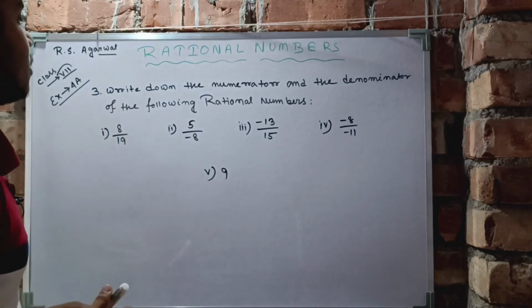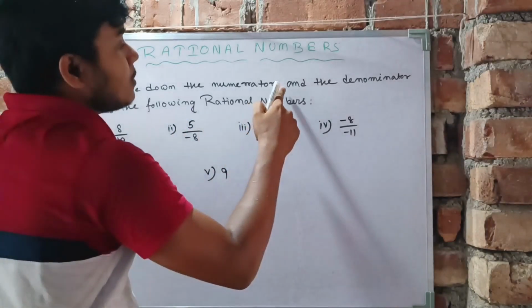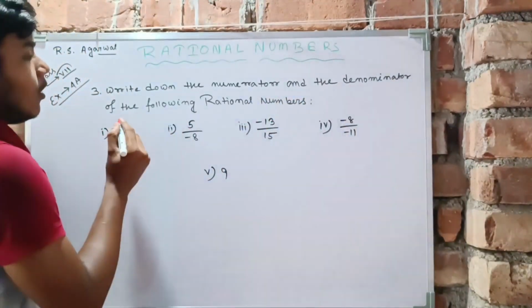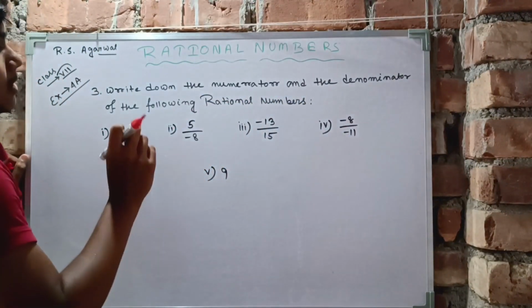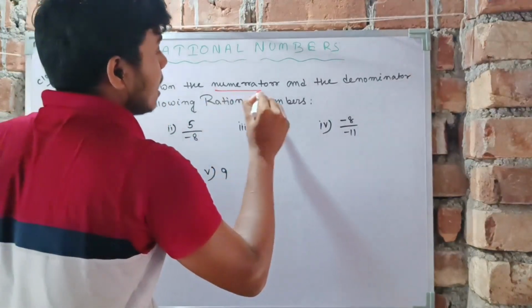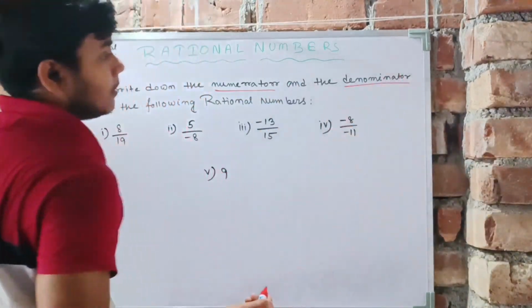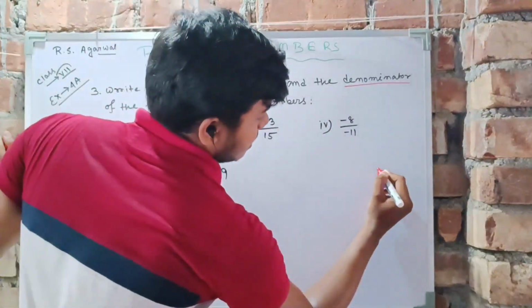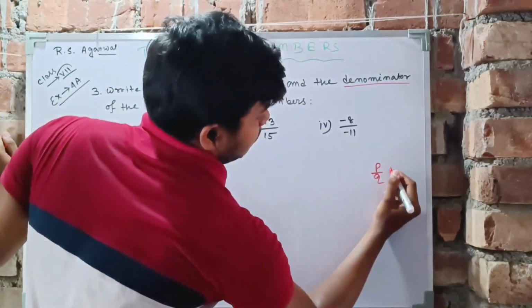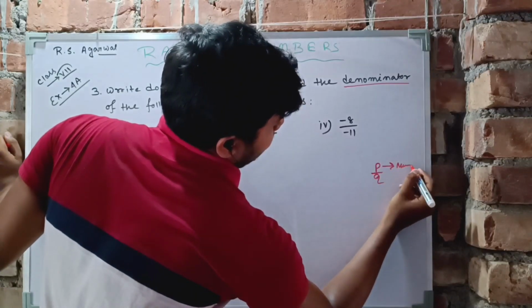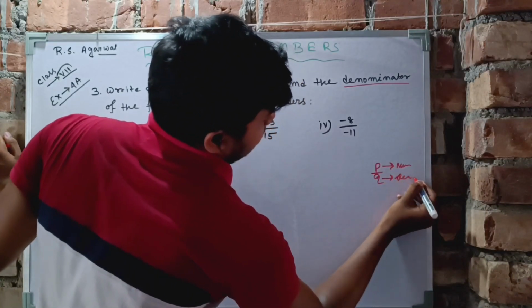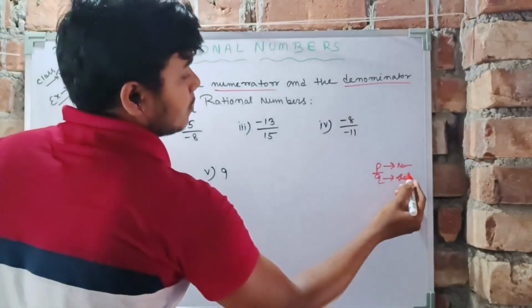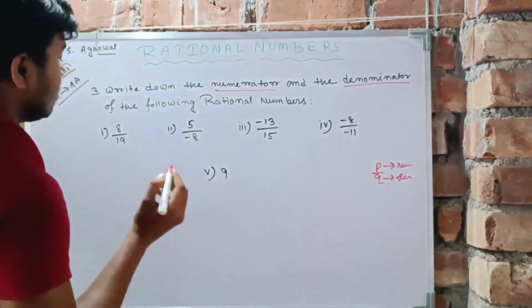Our next problem is to write down the numerator and the denominator of the following rational numbers. What did we learn in the definition? In p by q, p is the numerator and q is the denominator.